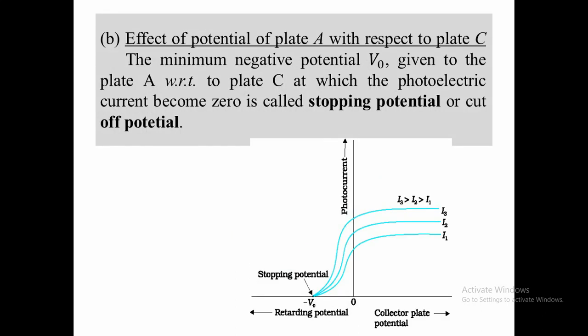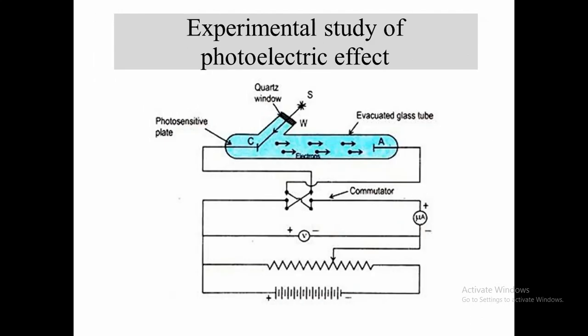Second, the effect of the potential of plate A with respect to plate C. One more time, observe the diagram. Here we keep plate A at a particular accelerating positive potential with respect to plate C. Illuminate plate C with radiation of fixed frequency nu and intensity I1.